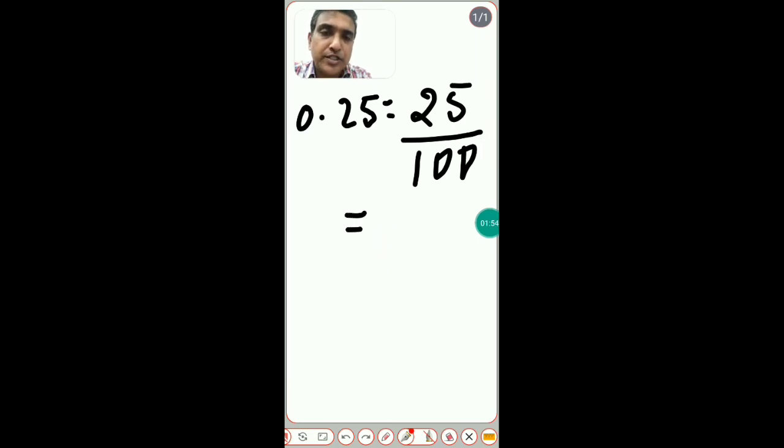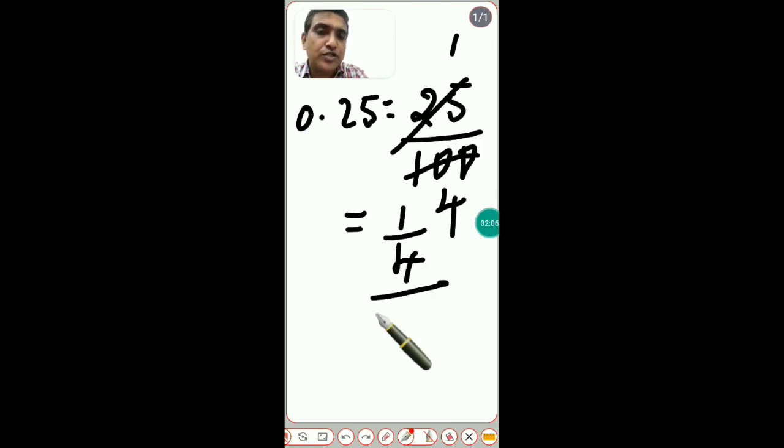So this 25 by 100 can be simplified. It can be written in the lowest form, that is 25 one time, 100 that is 4 times, that is 1 by 4. So 0.25 is equal to 1 by 4 actually. Okay.